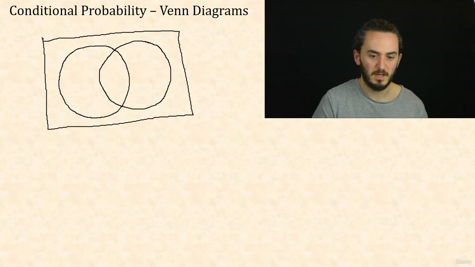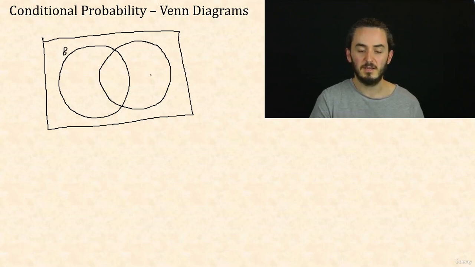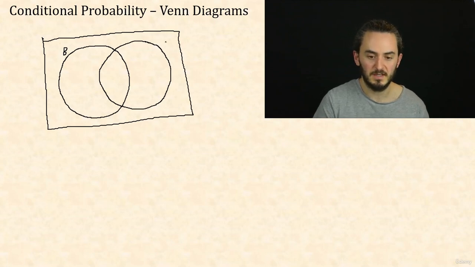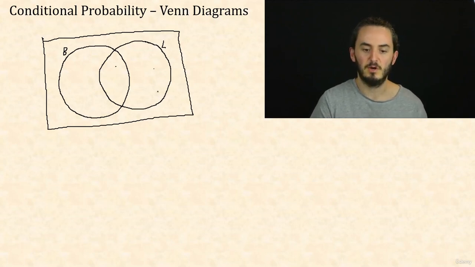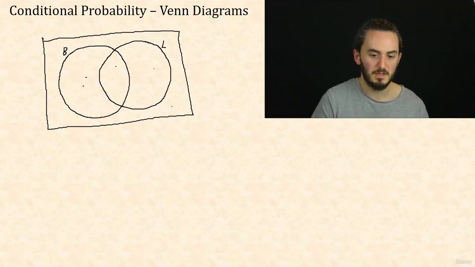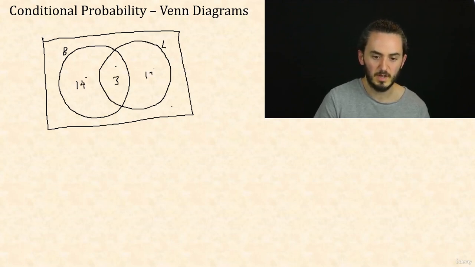Let's have the boys in here, and then some of them have long hair and some of them have short hair. So we've got boys with long hair here, girls with long hair here, boys with short hair here, and girls with short hair here. And let's say the numbers are as follows: we've got 14, and then 3, and 12, and 6.